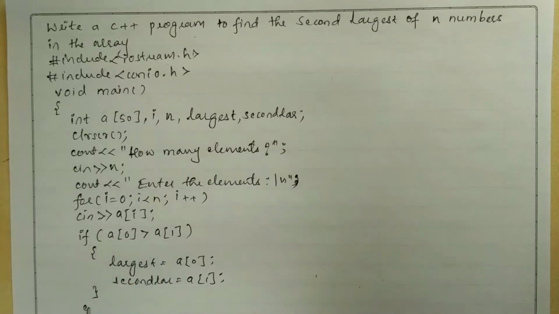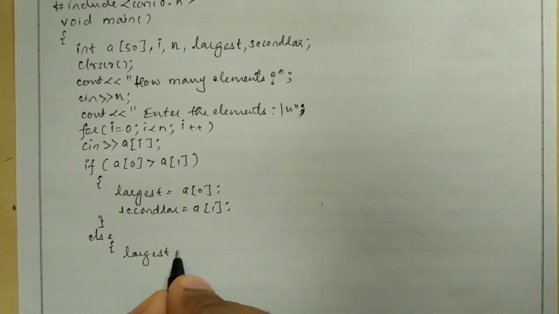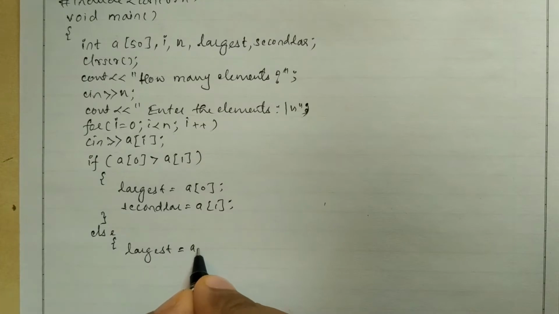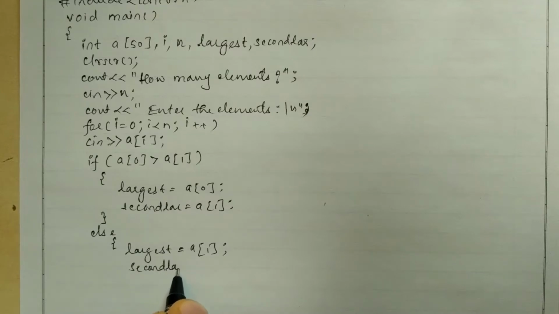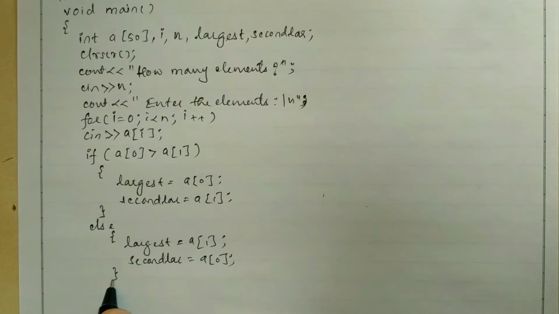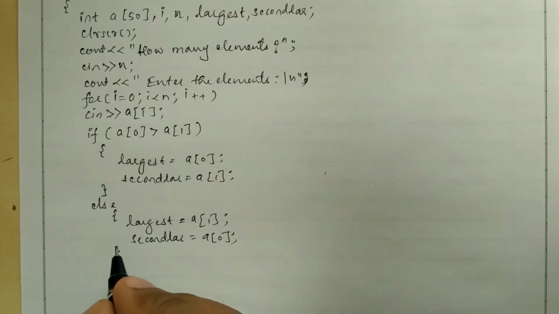If it is false, then the else part must get executed. So else, here I am going to write largest is equal to a of 1 and put a semicolon, and next second largest is equal to a of 0 and curly closing brace for this else part.